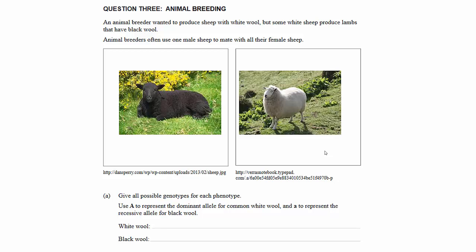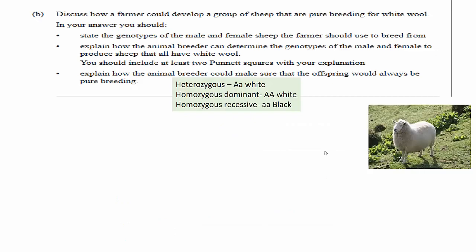So hopefully you would have worked out that there's 2 possible combinations for white wool and 1 combination only for black wool, because whenever there is a dominant allele present, that dominant trait will always show. So for a recessive allele to show up, it has to be 2 recessive alleles. So hopefully you've worked out that white wool can be capital A, capital A, or capital A, lowercase a, and black wool can only be 2 lowercase a's.